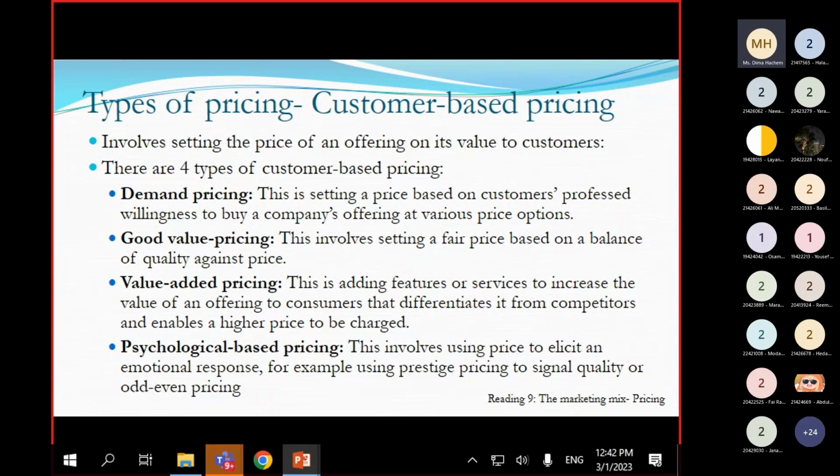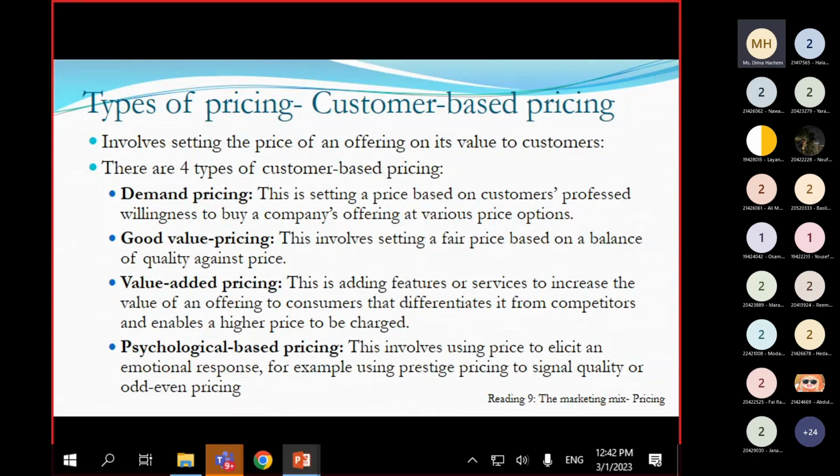So the camera, the storage that you have on the phone, the features that the phone has, and so on. For each extra feature, each thing has a value. So you add, let's say, 500 riyal to get a better camera. You add another 500 riyal to get more storage, and so on and so forth. Okay, so this is value added pricing.